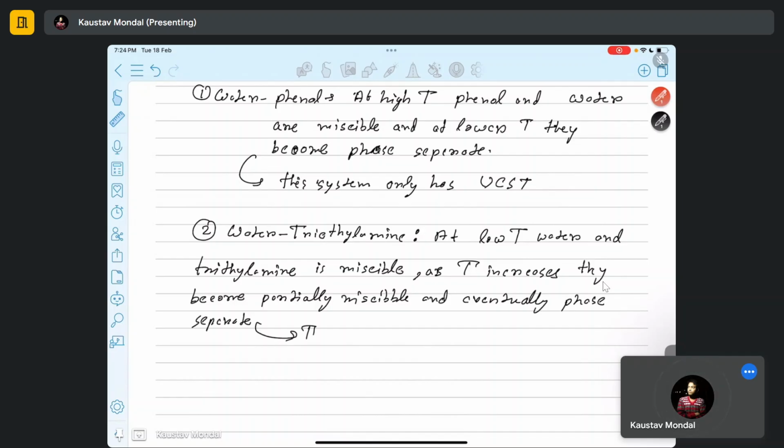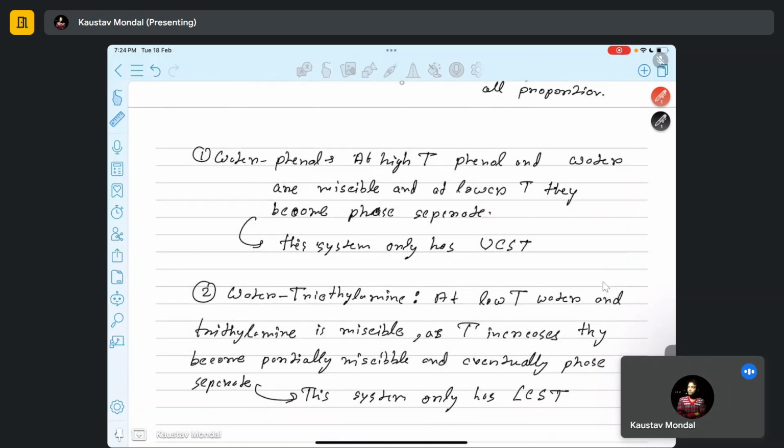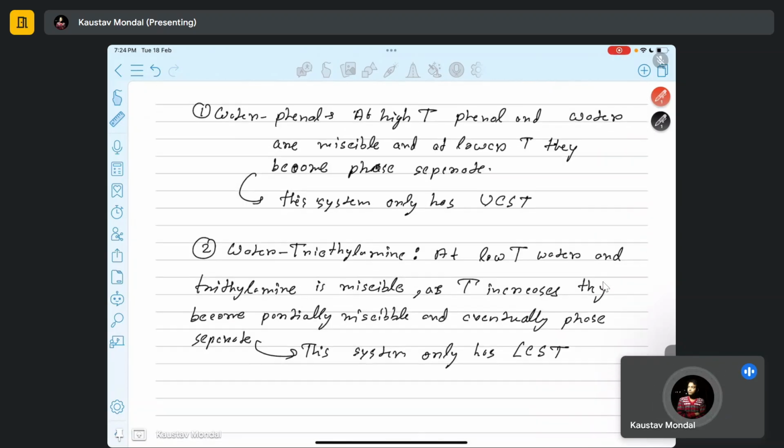So this system only has LCST, that means lower critical solution temperature. So we have to discuss both water-phenol and water-triethylamine from this answer.